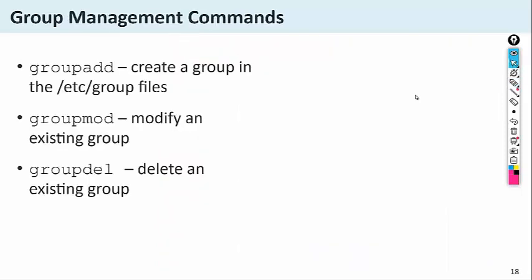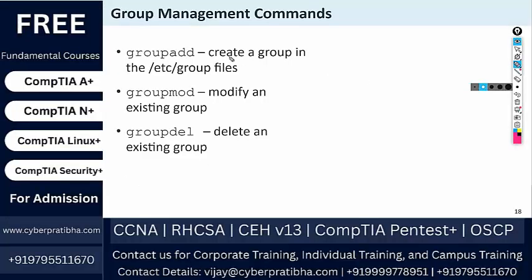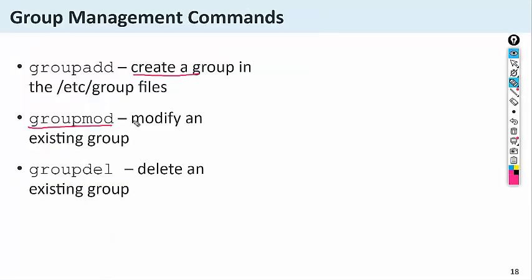Okay, so the group management commands: groupadd can be used for adding a group, groupmod for group modification, and groupdel. These are the commands used. Groupadd is for creating a new group, and groupmod to modify an existing group. Modification means changing the name, their group ID, and whatever we want.